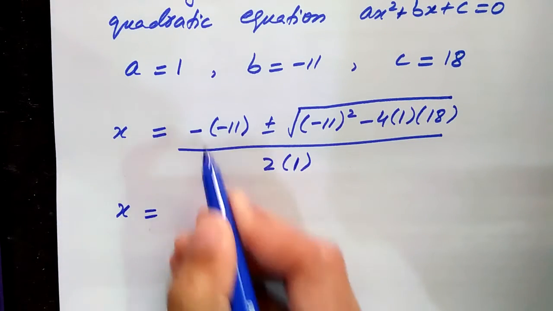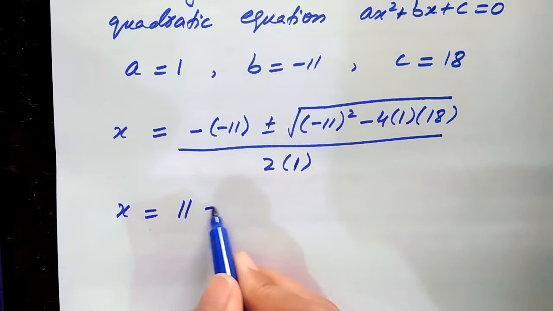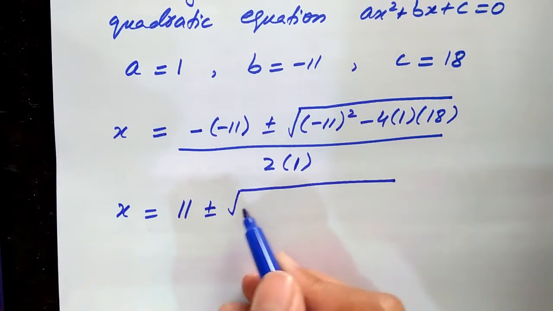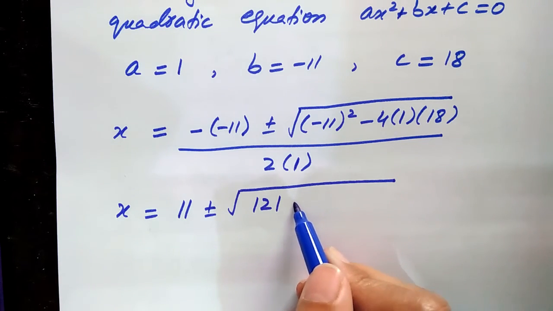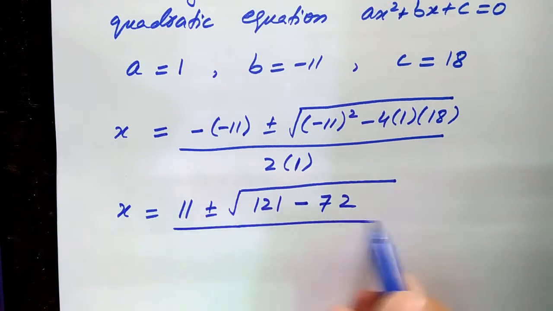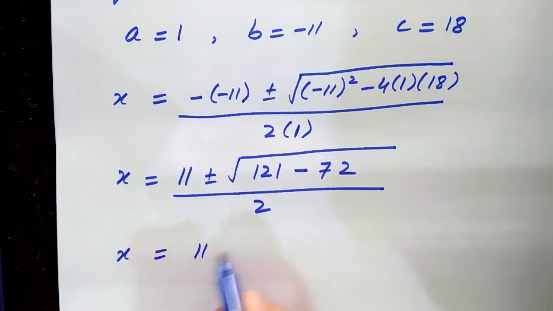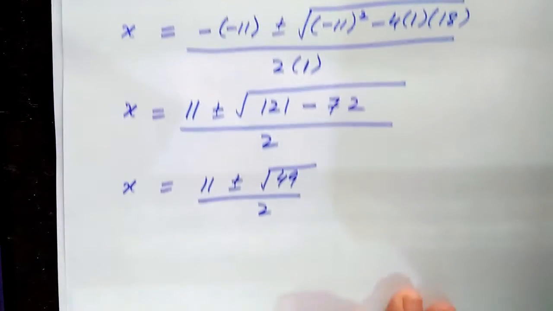So x will become minus into minus 11, that is positive 11, plus minus the square root of minus 11 square, that will become 121, minus 72, divided by 2. Now we will solve it. x equals 11 plus minus square root of 49 over 2.